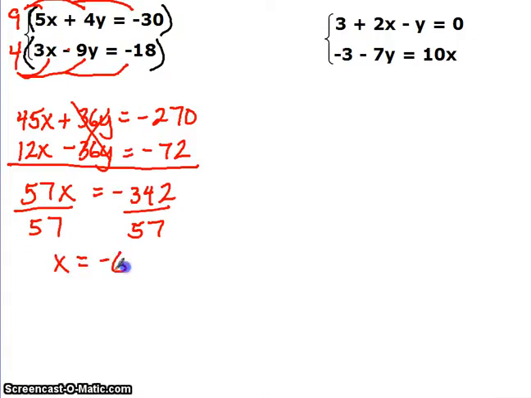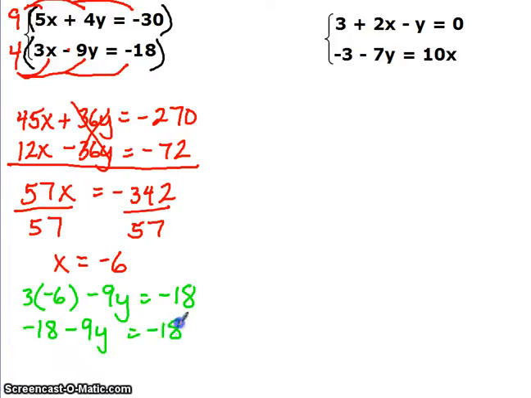X equals negative 6. Now we have to plug that back into one of the original problems. I'm going to use the bottom one. Numbers are a little smaller on that one. So 3 times negative 6 minus 9y equals negative 18. That's negative 18 minus 9y equals negative 18.